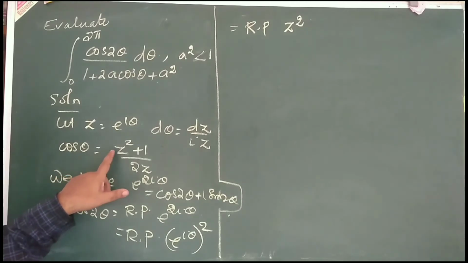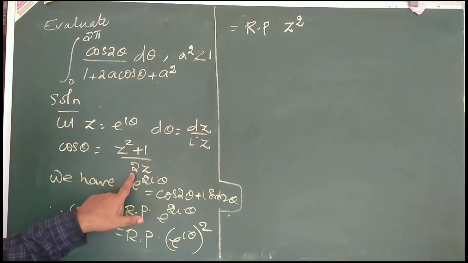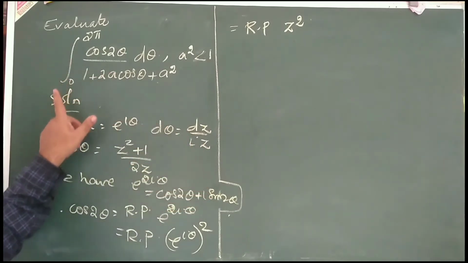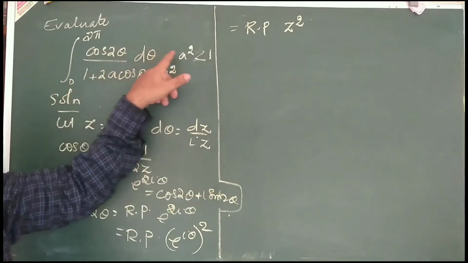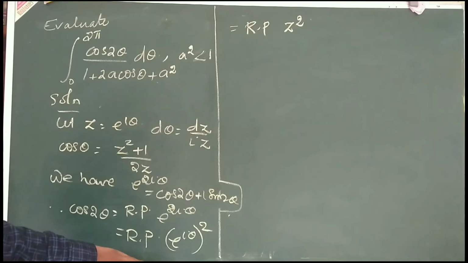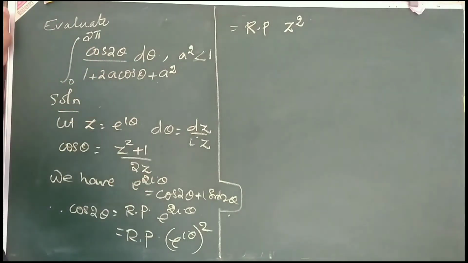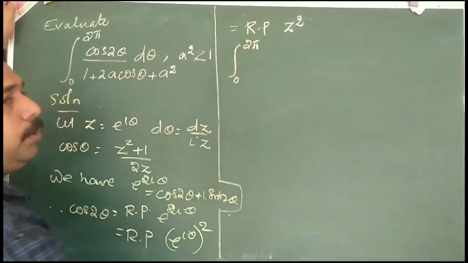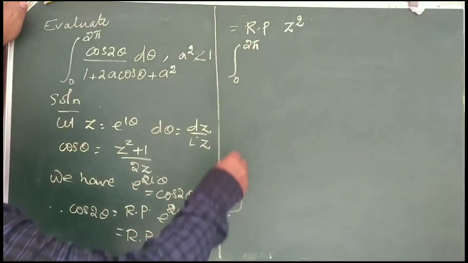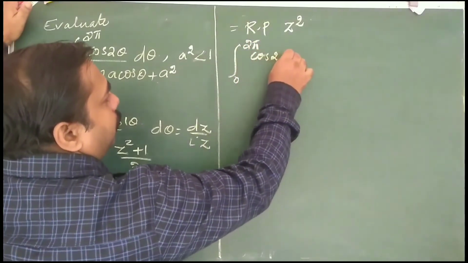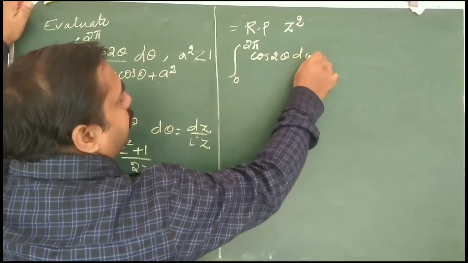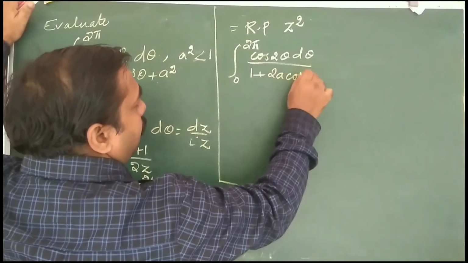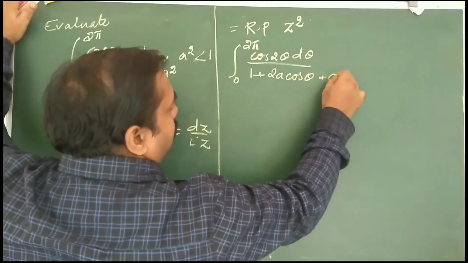So cos theta is equal to z square plus 1 by 2z, d theta is equal to dz by iz, and cos 2 theta is equal to the real part of z square. Substituting all these things in the first equation, the integral from 0 to 2 pi of cos 2 theta d theta divided by 1 plus 2a cos theta plus a square.